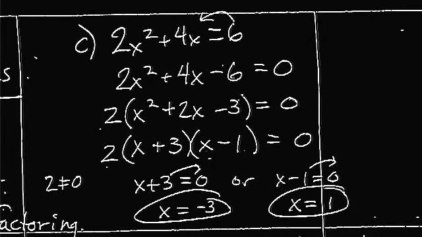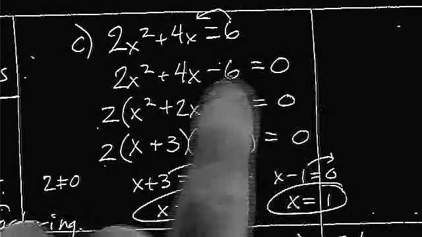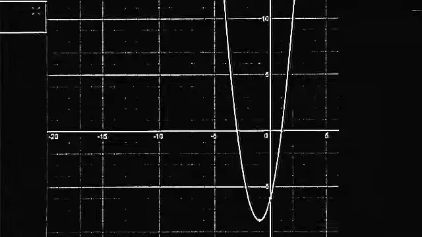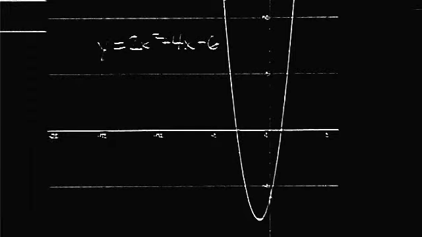And just to make sure that it makes sense to you, we have a parabola set equal to 0. That sounds like x-intercepts of a function. Here's that same parabola. I was able to graph that. Y equals 2x squared plus 4x minus 6.